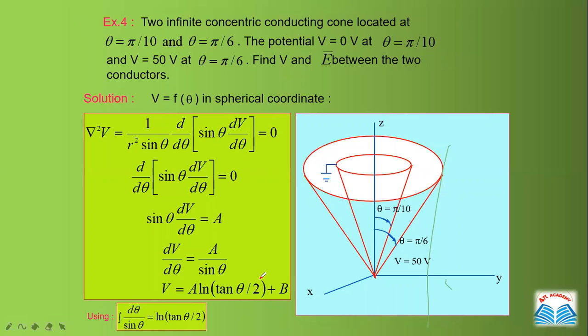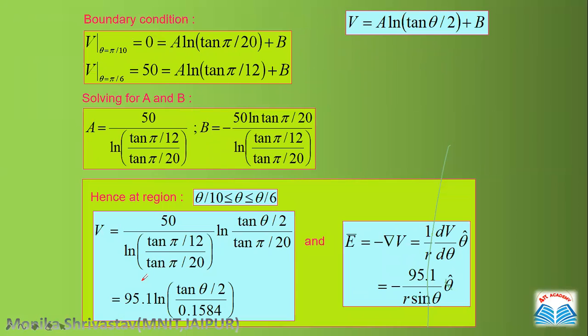If cylindrical coordinate, then rho, phi, and z you will use. If spherical coordinate, then r, theta, and phi you will use. And you will get some values of potential in the form of two constants a and b. Then you will apply the boundary conditions. Then you will solve them for electric field also.